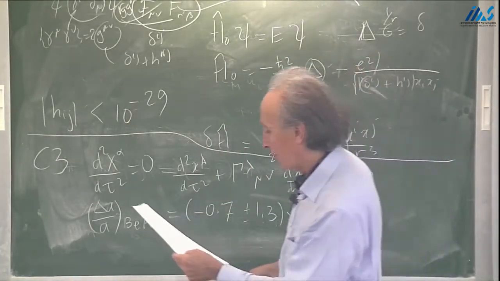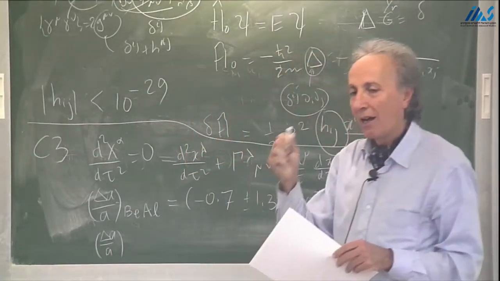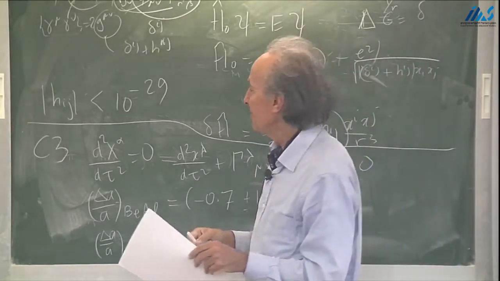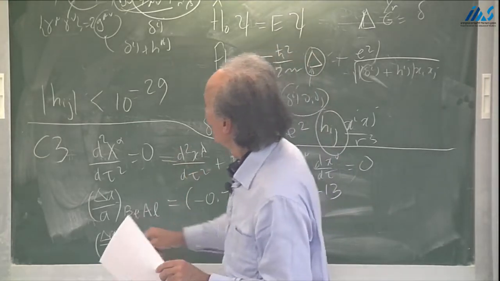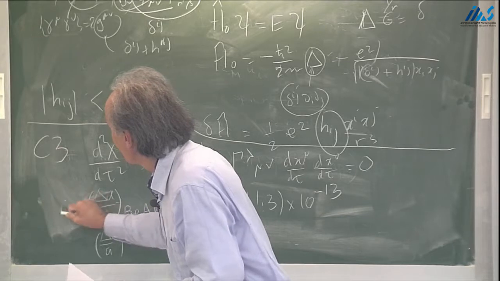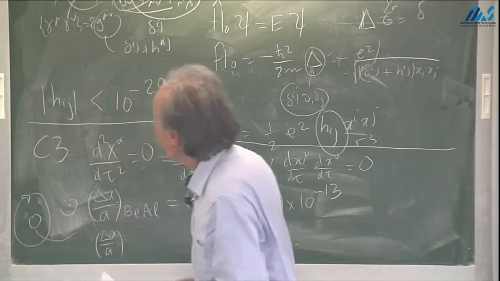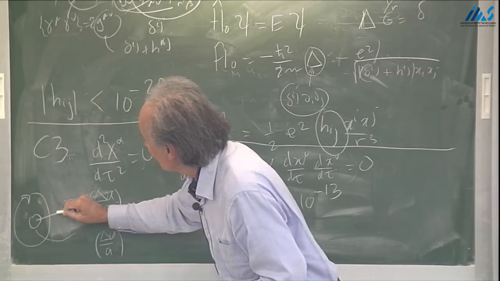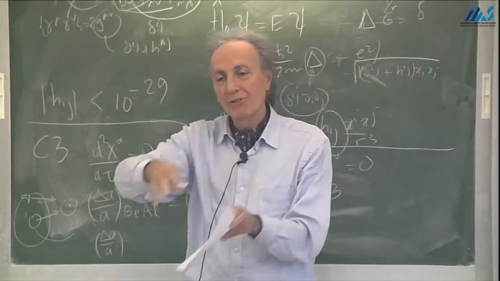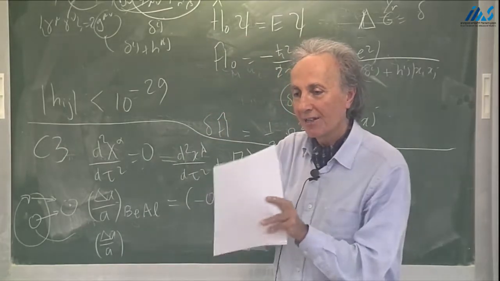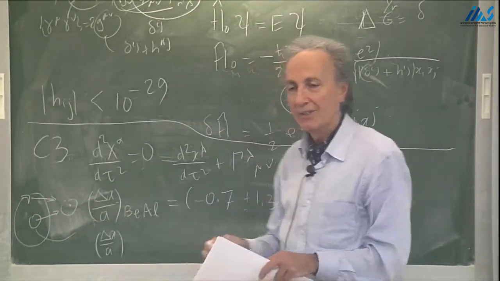All bodies fall in the same way, and the same thing has been found to be true using lunar laser ranging for the motion of the Earth and the Moon towards the Sun. In the solar system, we have the Sun, and the Earth, and around the Earth the Moon is going around. But seen from this system, the Sun is an external attractive force, and the Moon and the Earth fall towards the Sun. If they did not fall with exactly the same acceleration, there would be effects that you would see in lunar laser ranging, and they have not been seen.